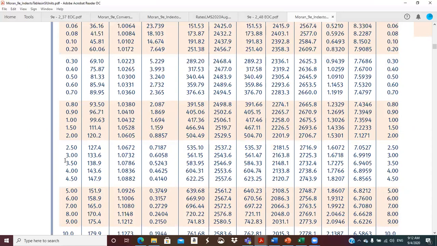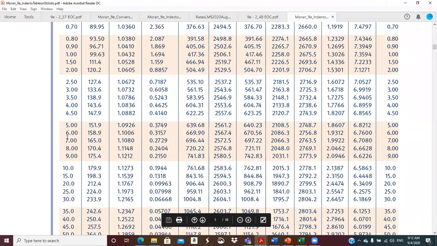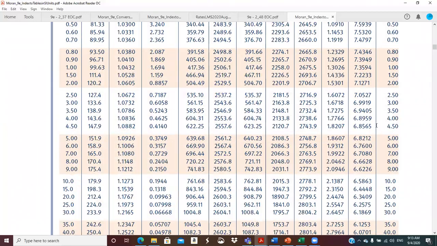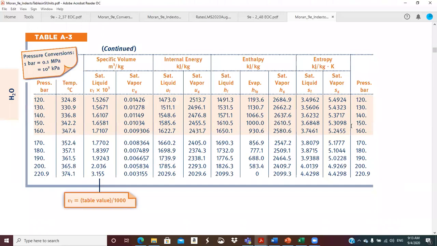So for example, at 10 bar, our saturation temperature is 179.9. And then you get all of the different properties at that temperature and pressure combination. Okay, and so that's the end of the pressure table.